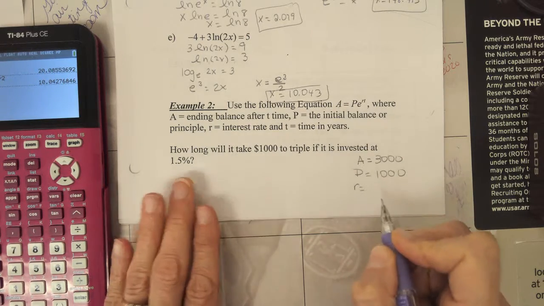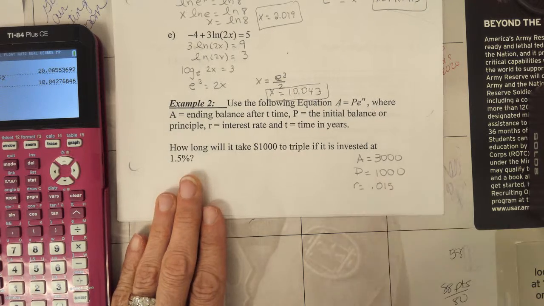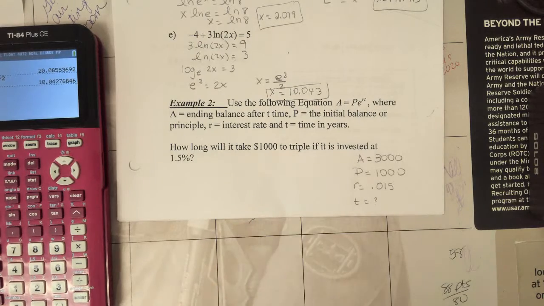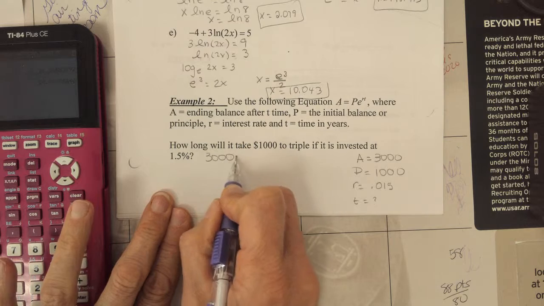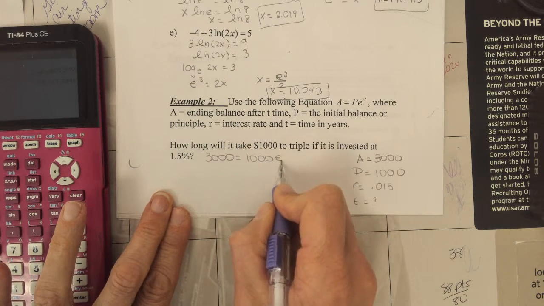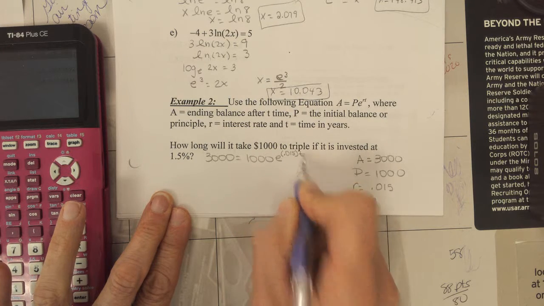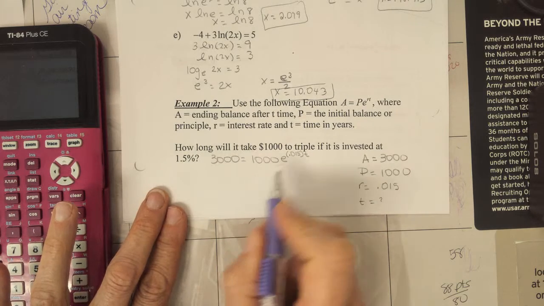My interest rate is 1.5%, so as a decimal, that's 0.015, and T is what we're trying to find. So 3,000 equals 1,000 times e to the 0.015T. First thing we're going to do is divide by 1,000.